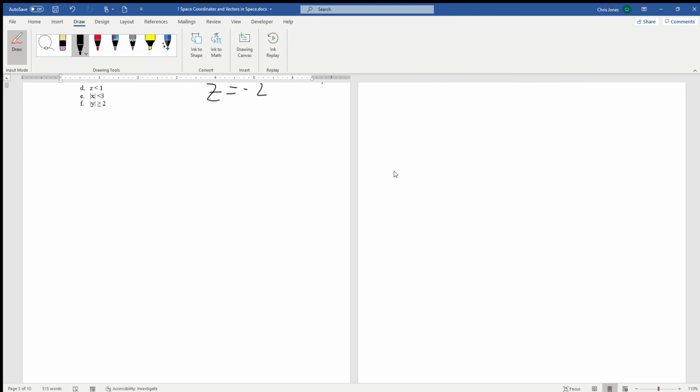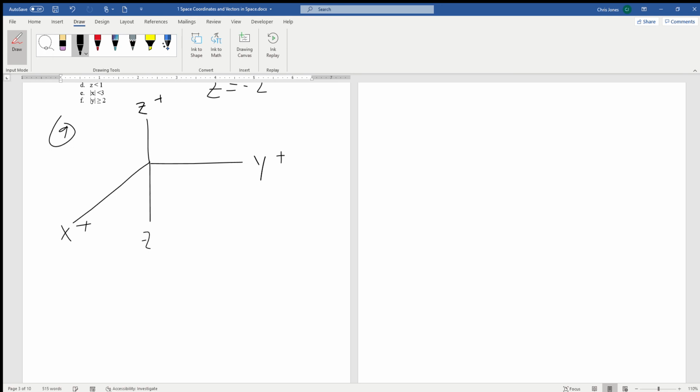All right, so if I was to plot this on a 3-dimensional plane, and again, this is x plus, y plus, z plus, and of course we need a z minus because z is negative 2, then we're just going to go down 2 units, and we're just going to draw a plane that passes through negative 2. So this is our plane z equals negative 2.